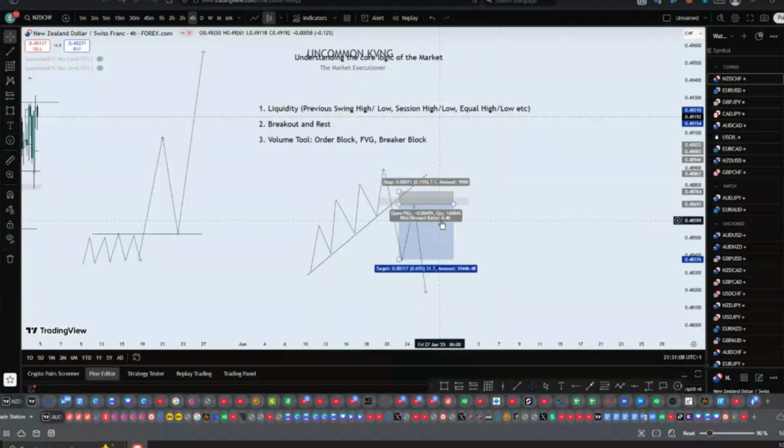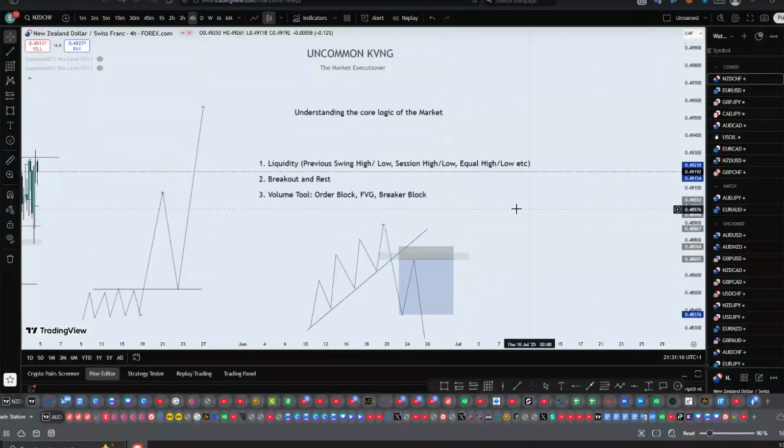I became much more precise with my entry. I had more understanding as to how this thing works. Do you understand my point? So once you understand this, you know that when price is targeting a particular point, let's talk about liquidity now. Before we go into market structure, let's finalize this.